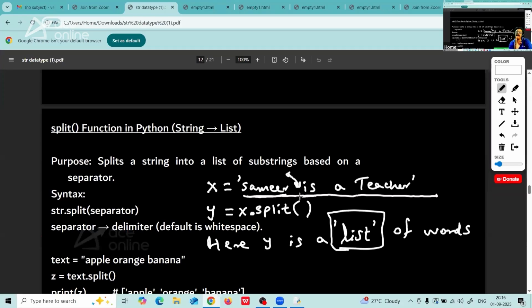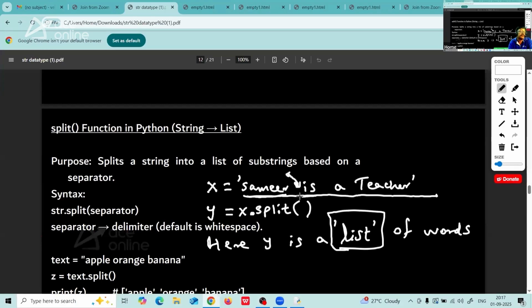Samir, space. So it said, that's it. Samir is a word. Then till the space, it did not do anything. After the space, it got I, then S, then space. So IS is a word. What I mean is that the split was done on the basis of space.